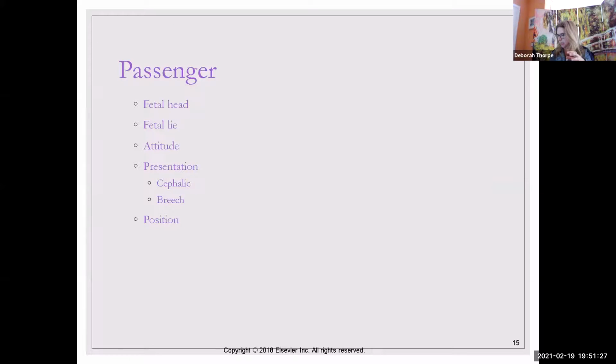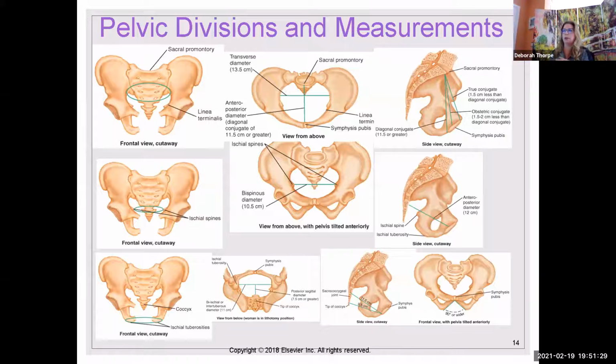Okay. So basically back here, we're talking about the pelvic divisions and the measurements. When you think about it, all of this makes a difference in that little baby coming down, right? So at some point, if you have a 10-pound baby, these bones aren't giving way, right?